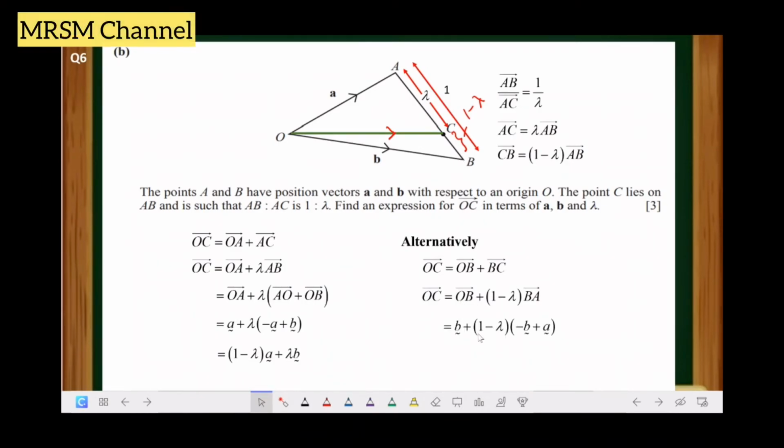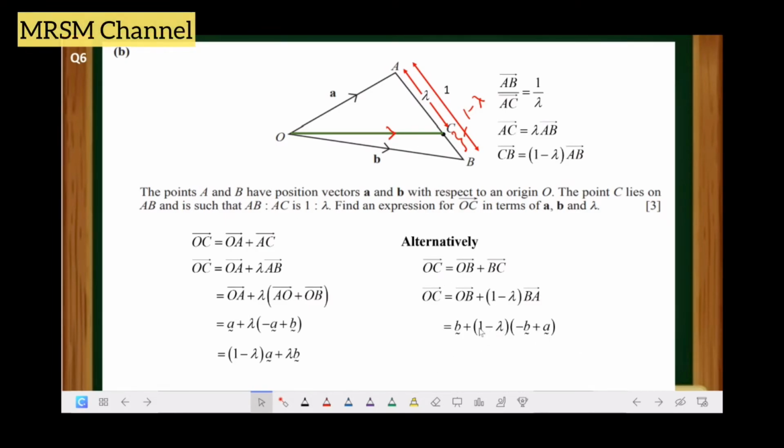So this will be OB, which is B, plus 1 minus lambda, and BA is BO plus OA. BO is reversed, so it becomes negative B, and OA is A. It will be more complicated compared to the earlier one.